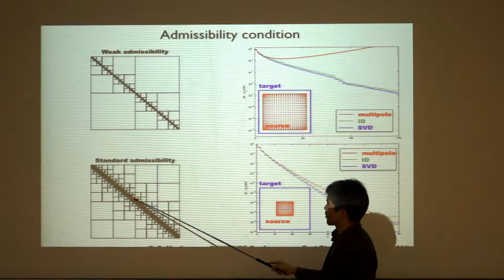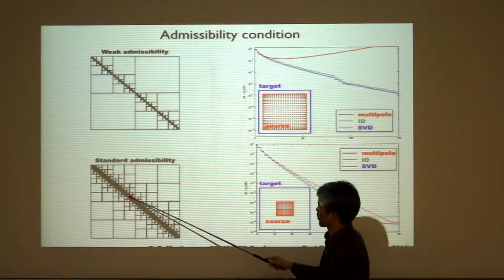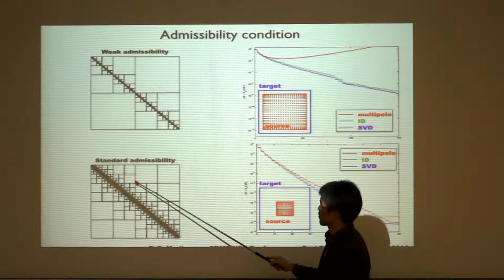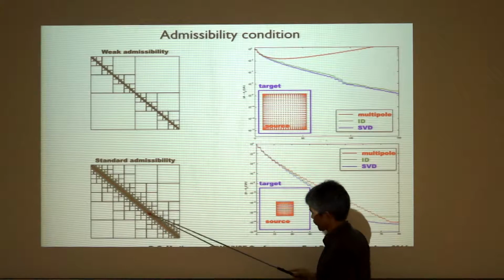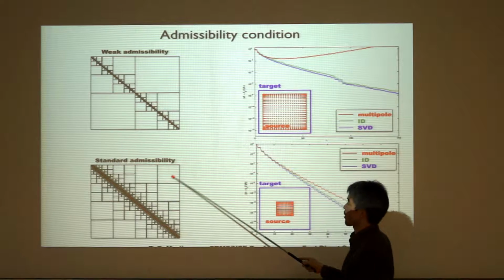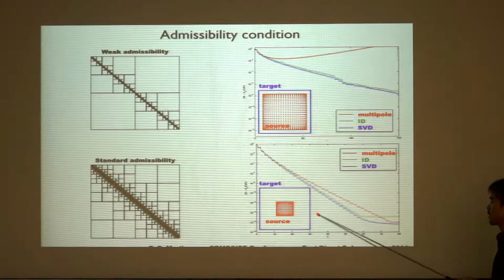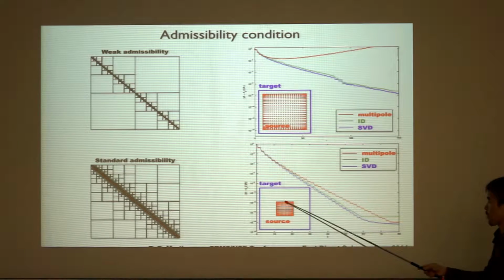Here, the boxes that are immediately next to you are actually handled in a dense form, and it sort of skips the immediate neighbor, and then you only have the far boxes being compressed. So you can think of that as only having targets far away from the source.